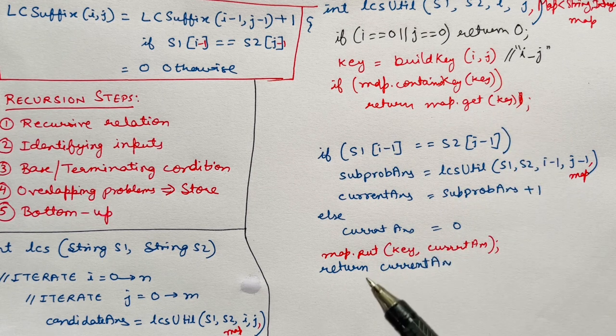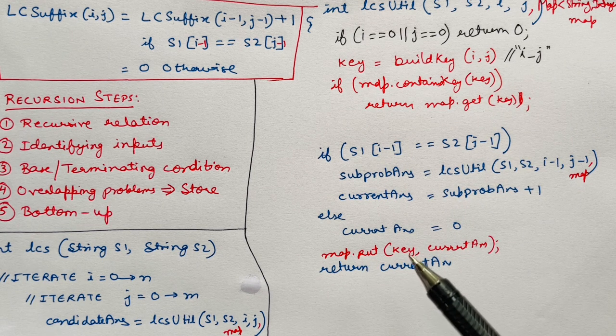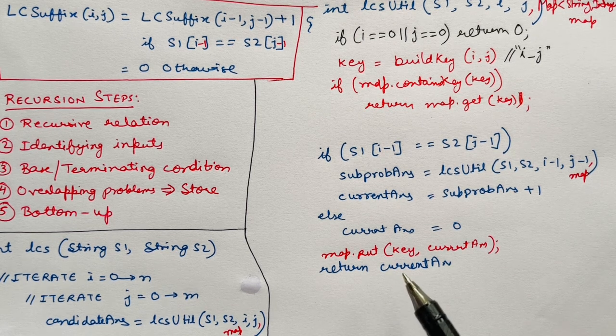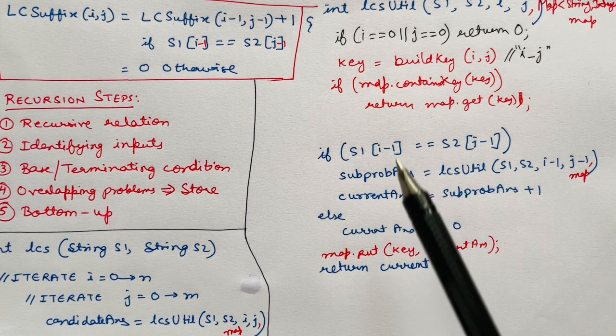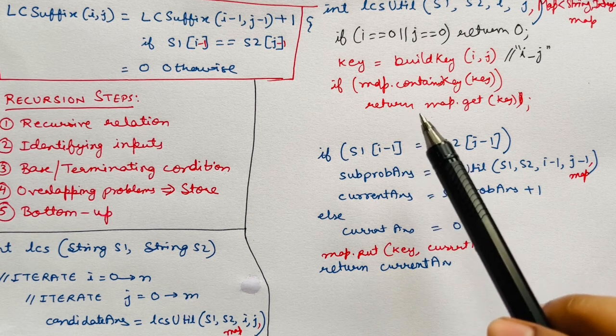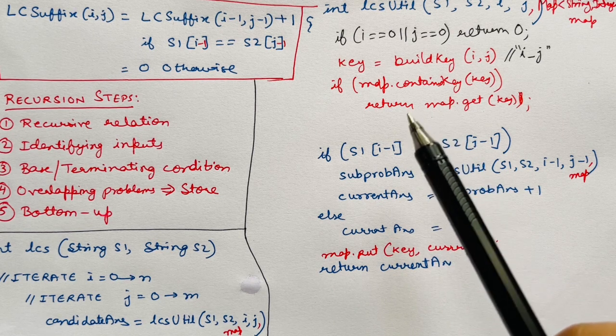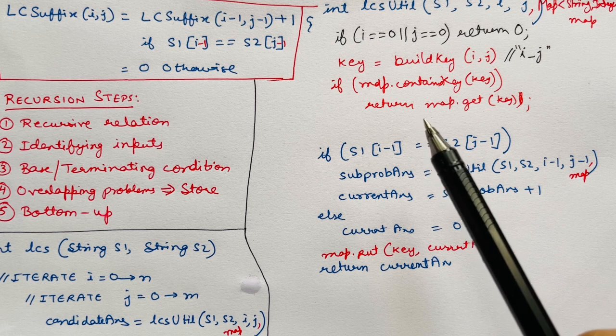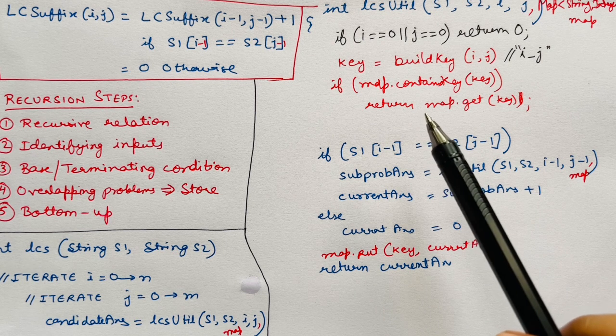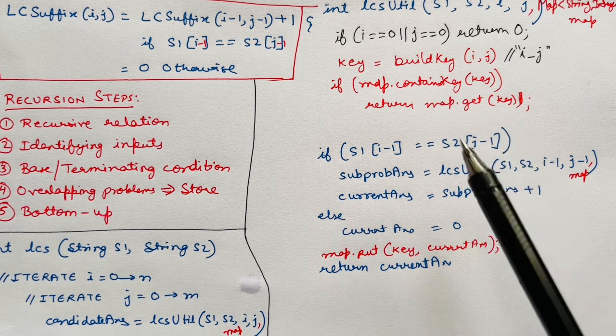Before returning the answer, we first put the answer in the map so that we can use it later. And whenever we get an input, we first check in the map if we have already seen this input and calculated for it. If we have, we directly return the result from the map.